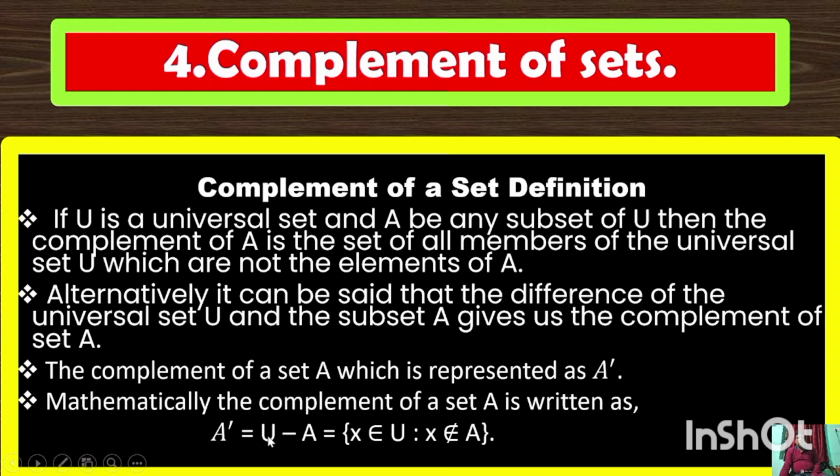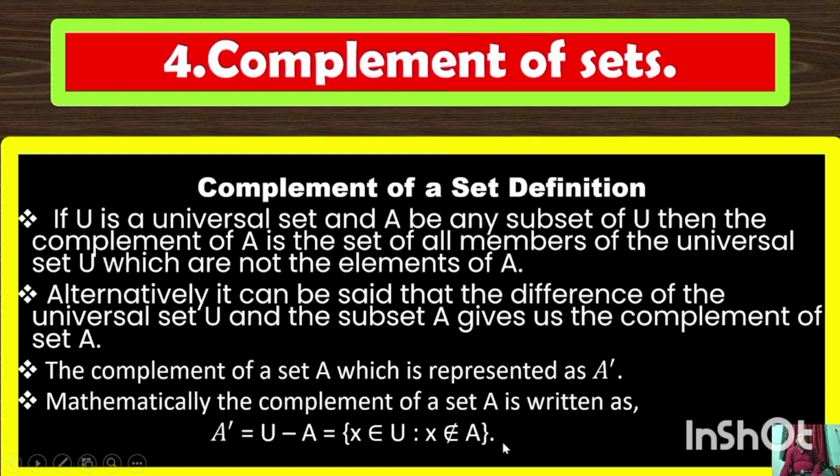Understand? The elements that are in the universal set but not in the given set, we have to take such elements in another set, that is known as the complement of the set. So that is known as A dash. The complement of set A is known as A dash, which is U difference A, the difference of the universal set and the given set.